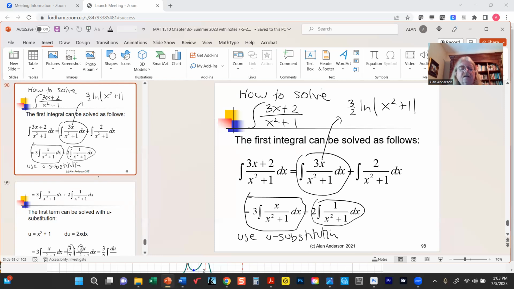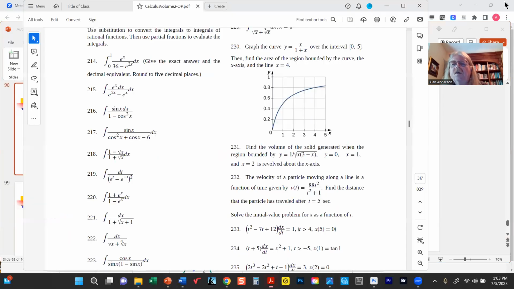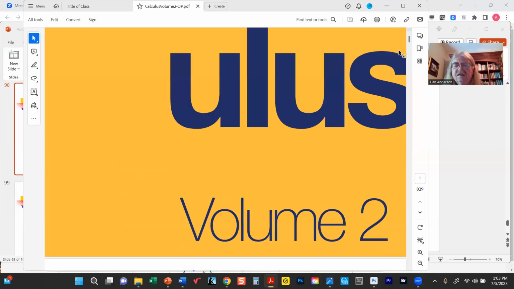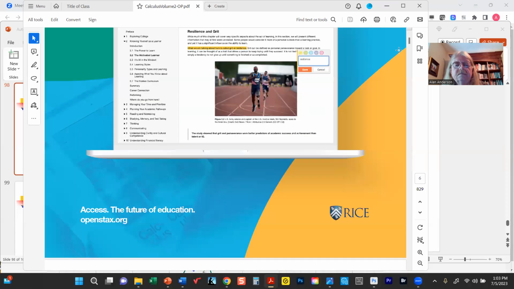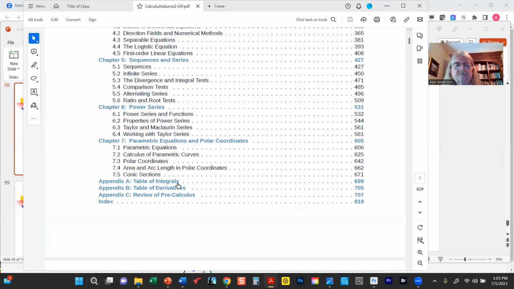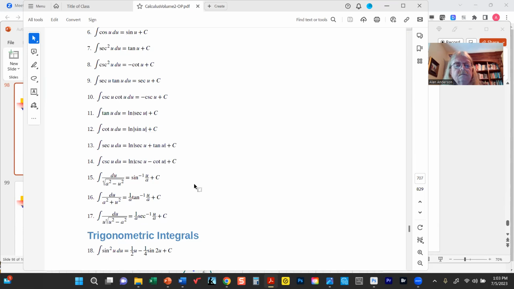tricky. Guess what? If you go to your book and look at that chart, which I will find right now for you, of integrals, just integrals. Here's an interesting looking one.